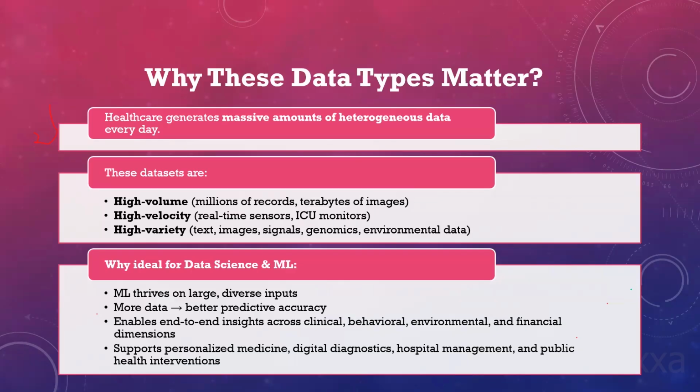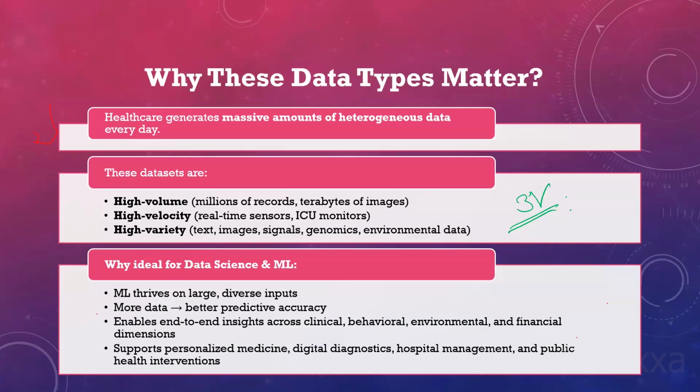Sometimes from certain sources you get high volume data, in the form of images or documented records. There is high velocity data available from ICU monitors, real-time IoT sensors, or wearable devices as well. And there is a variety of information also. So we can call it the 3Vs: volume, velocity, and variety.